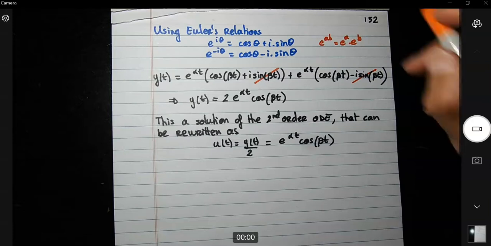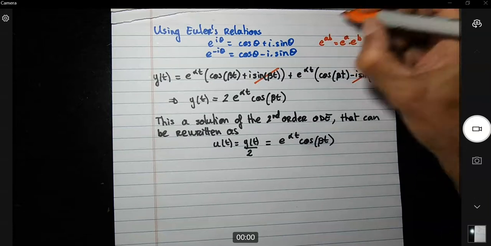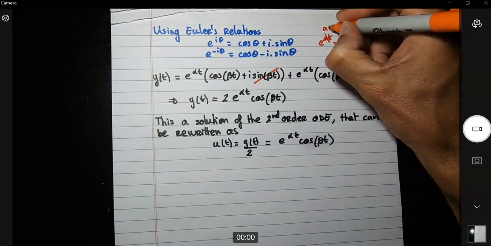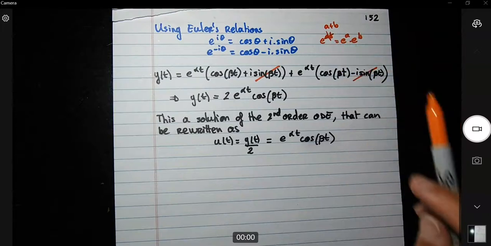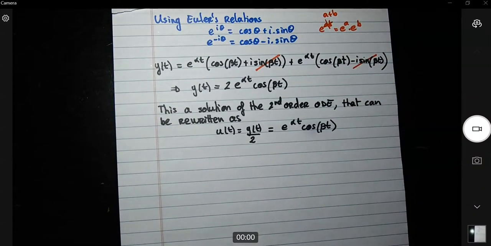Oops guys, before we go to the next page, we continue at just part 1. This is a plus b, okay? Sorry for that.